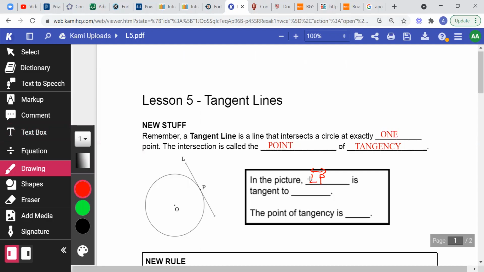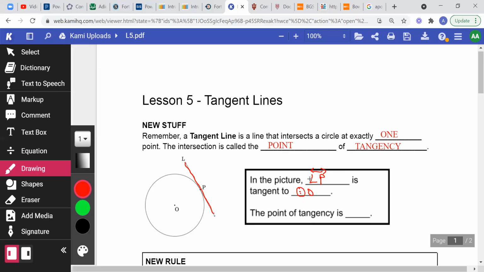The circle is always named after the center. So Tyler, what's the name of this circle? Look at the center and then name it. Okay, circle O. So here, as you can see, line LP is tangent to this circle called circle O.